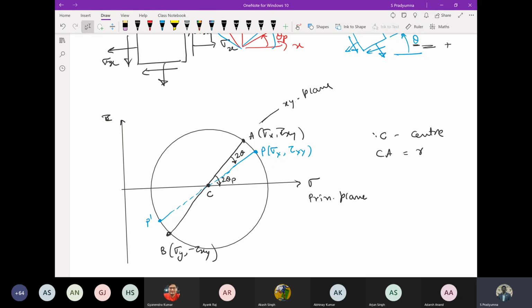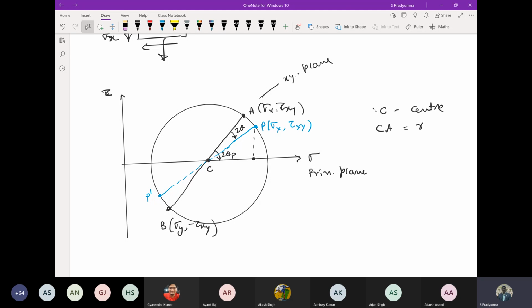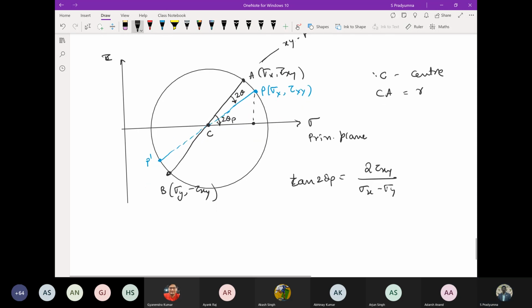Now I want to know what is the value of sigma capital X and what is tau XY. I need to understand this from this figure. So now I know that tan 2 theta p is equal to 2 tau xy by (sigma x minus sigma y), right?